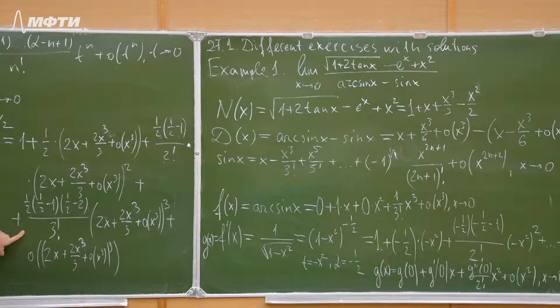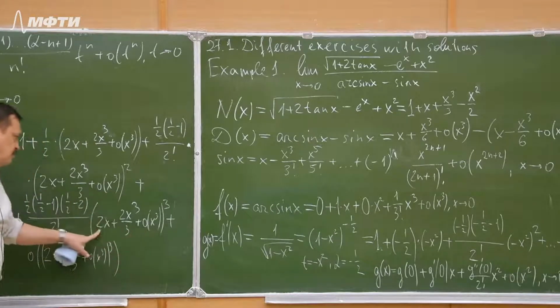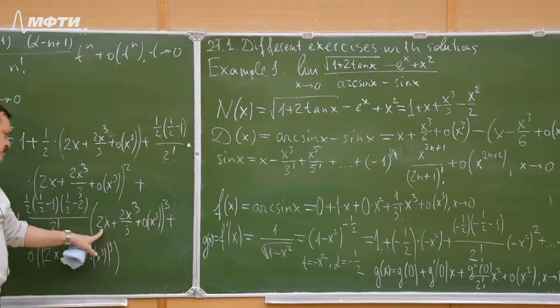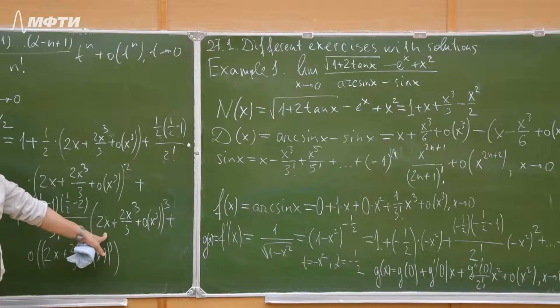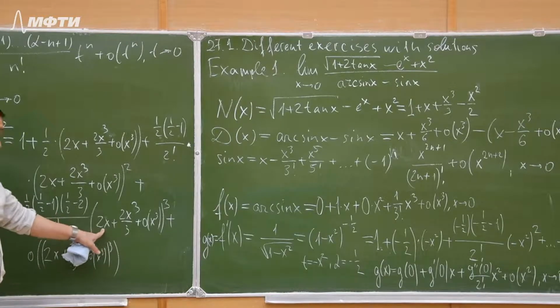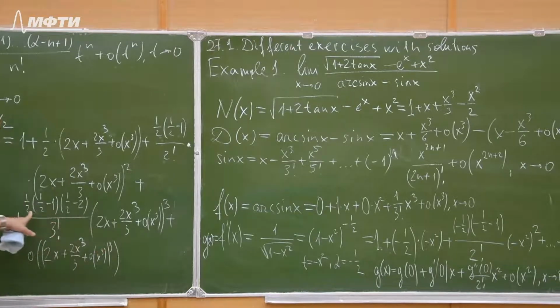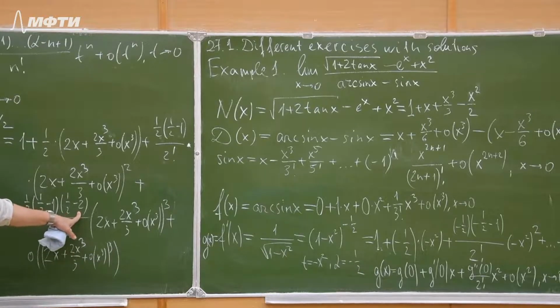For the next term, also, when we take cube of this expression, only x cube remains here. So 8x cube. Here we have 1/2 times minus 1/2 times minus 3 over 2.